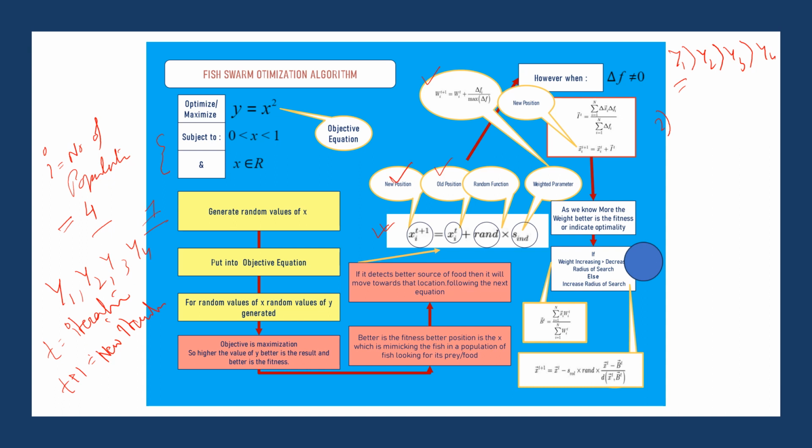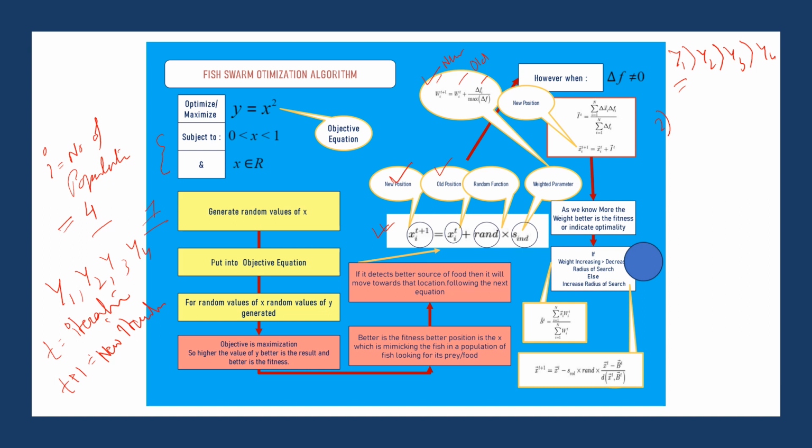This means this is the new W. This is the old W or current W. And W is the weighted parameter or weightage. And this is actually the old weightage plus del F divided by max of all del F.